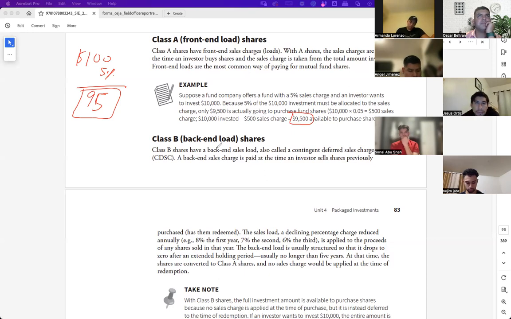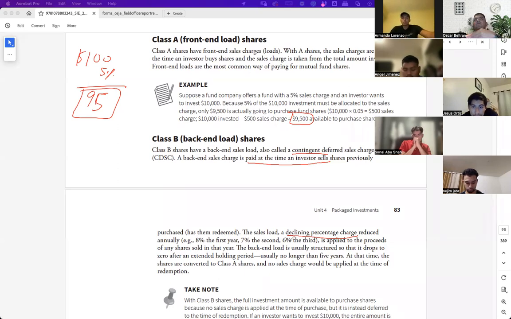All right, Class B shares, very simple. It's called a contingent deferred sales charge. It is paid at the time the investor sells shares previously purchased. The sales load is a declining percentage charge reduced annually. So the first year you sell it, you're going to get charged 8%.